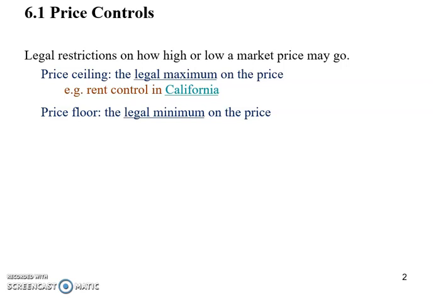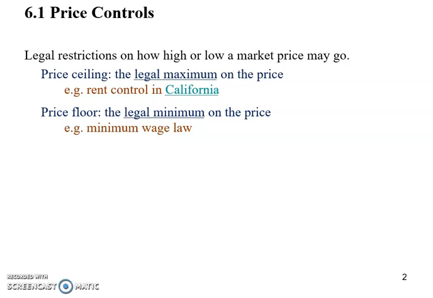You cannot go below it. The most popular example is minimum wage. And later in this chapter, you would find us spend a lot of time talking about the minimum wage law. This is actually the most important reason we want to check out this chapter.